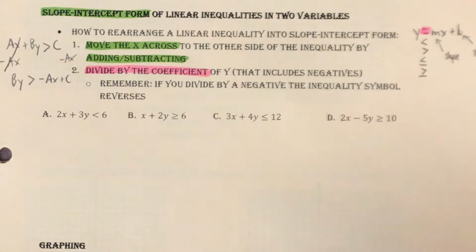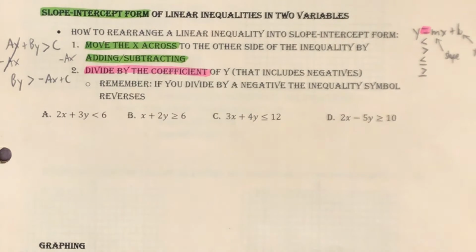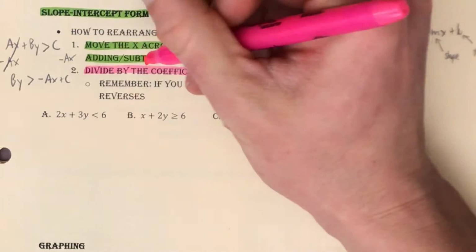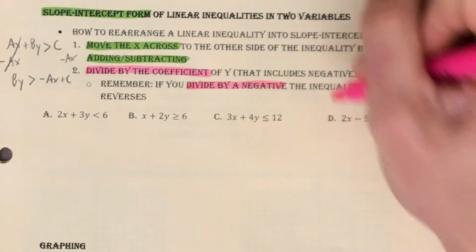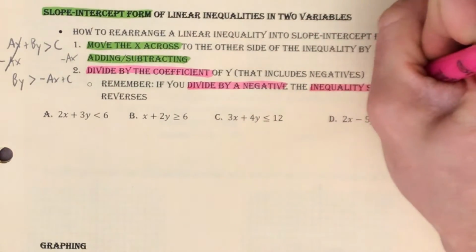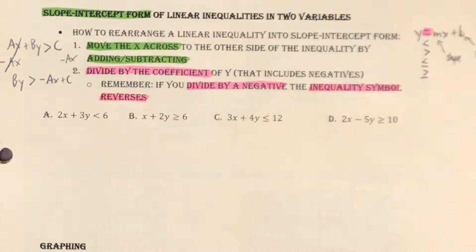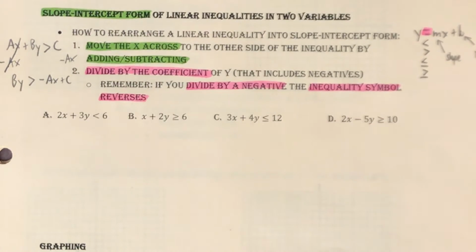Please remember, from chapter 2b, that if you divide by a negative, the inequality symbol reverses. If it's a greater than, it becomes a less than. If it's a less than, it becomes a greater than. It just flips the other direction.